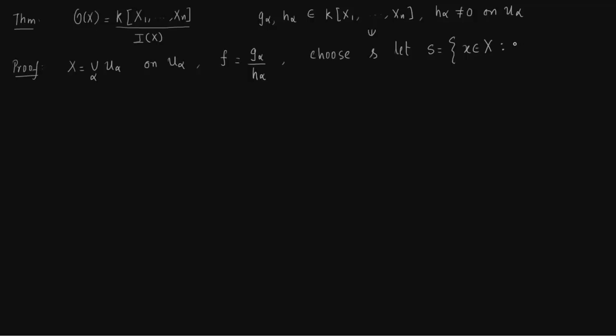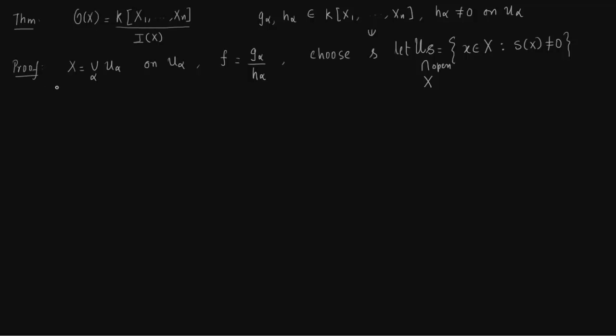That is all those points of the affine algebraic set X where this polynomial S(x) does not vanish. So U_S is open in the affine algebraic set X. Let us draw a figure to make our ideas more concrete and clear.